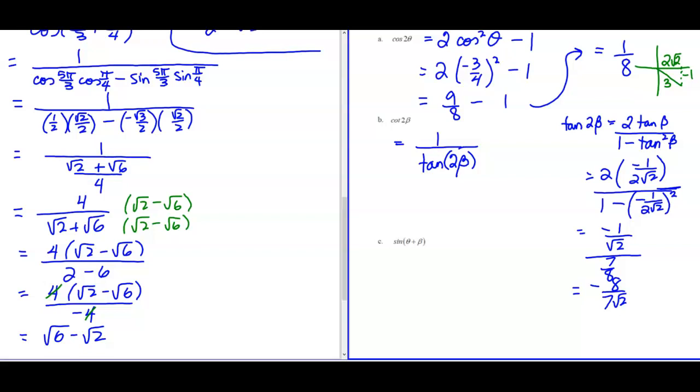I'm not going to rationalize this because that's the value of what goes in our denominator there. So then up here, it'll be 1 over -8 over 7 root 2. So then when I simplify that, it'll be -7 root 2 over 8.